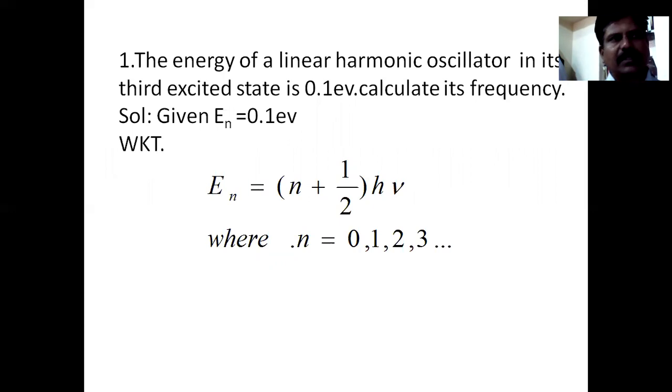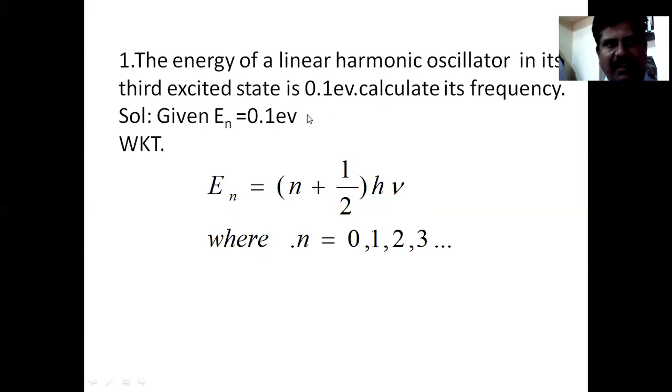First one: the energy of a linear harmonic oscillator in its third excited state is 0.1 electron volts. Calculate its frequency. The energy of that linear harmonic oscillator in its third excited state is 0.1 electron volt.